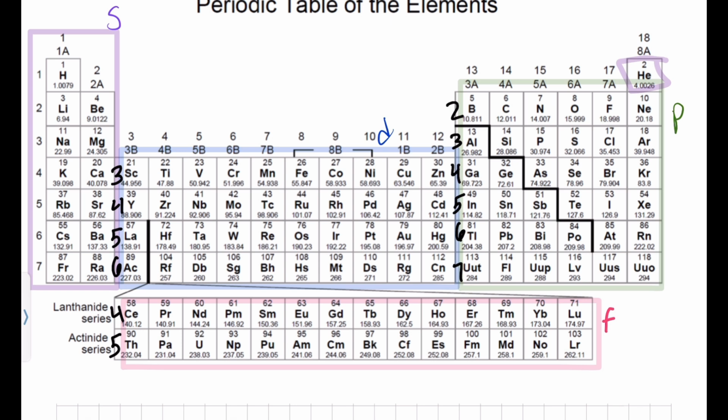And then when you get down to period 6, this would be 6s, and then you would go down here to the inner transition metals, and then you would go to 4f, and then back to 5d.